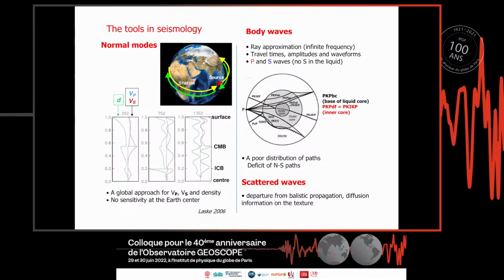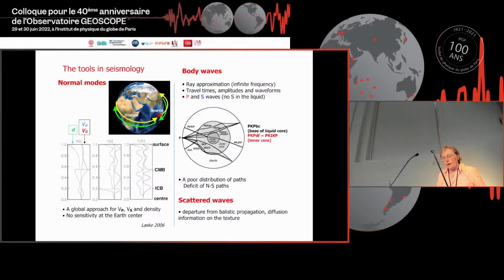Because the core is hidden by the mantle, we usually use a comparison between a wave which turns in the inner core, for example, and a wave which turns inside the liquid core. Most of the studies use rather simple approaches using travel times and amplitudes, really classical things.